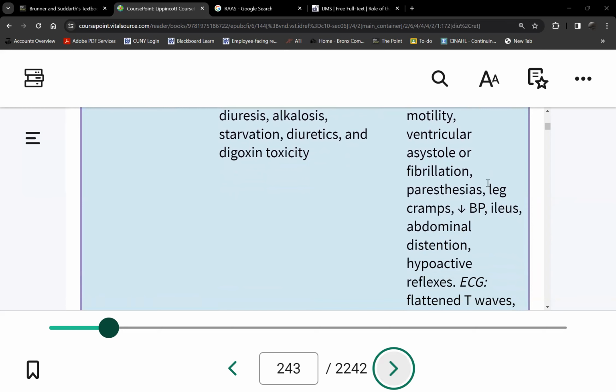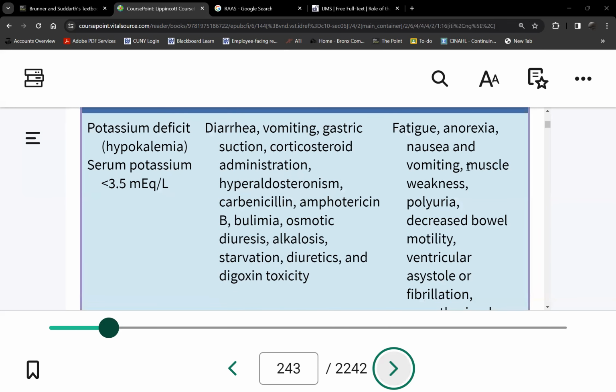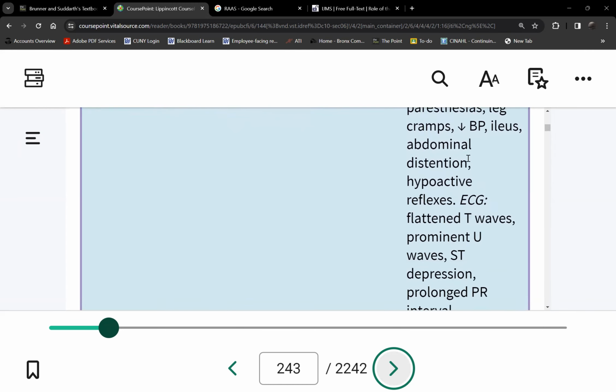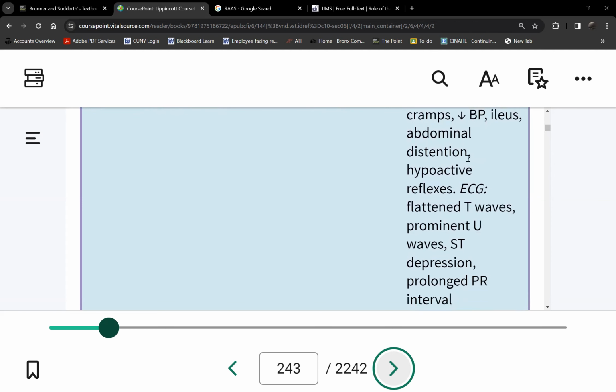Of course, the muscle weakness can also involve the diaphragm. Don't get me wrong, because the diaphragm is a muscle, correct? It will result in diaphragmatic weakness, so respiratory effort will be affected by low potassium. But your concern again is the cardiac. That's a priority.